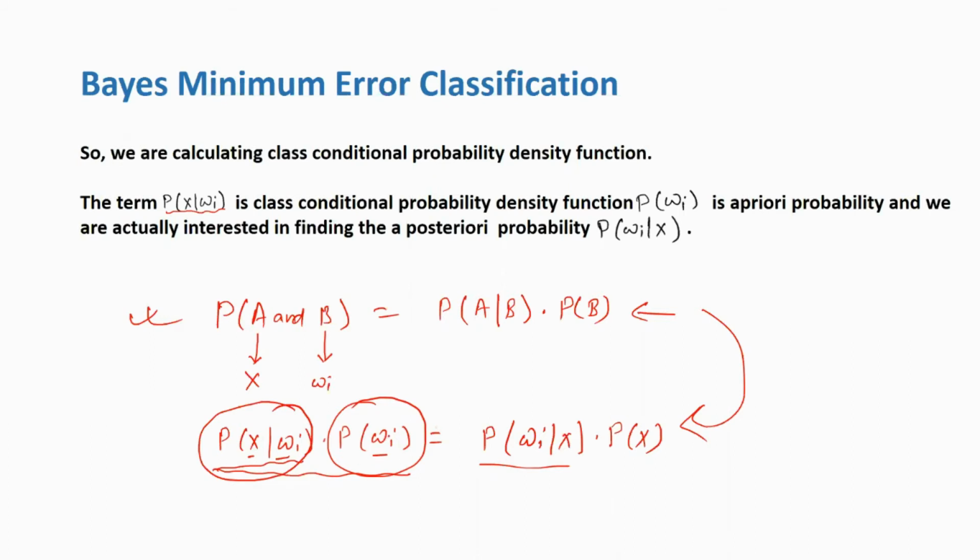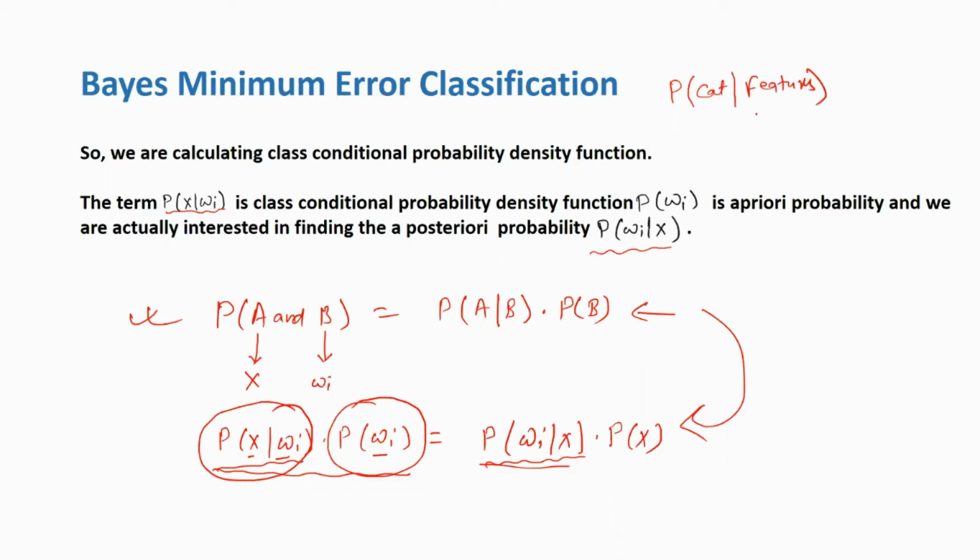We are actually interested in finding the posteriori probability. What is posteriori probability? This one: probability of omega i given x. It means what is the probability that a certain image will belong to class cat given some features.